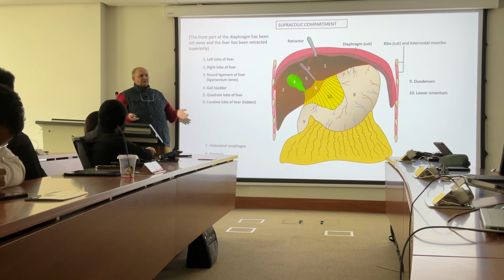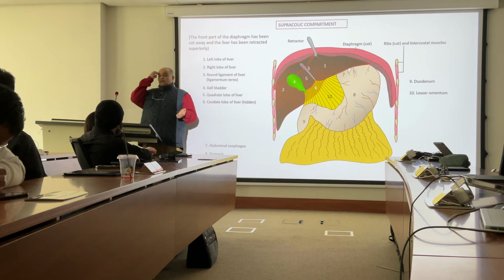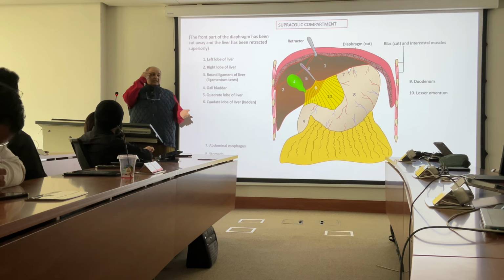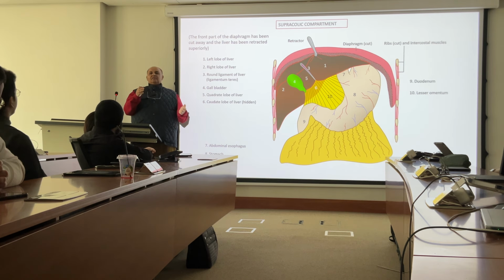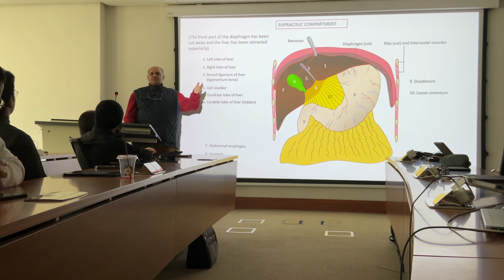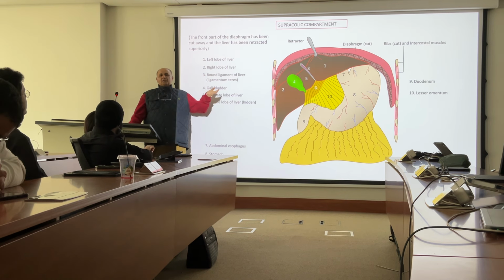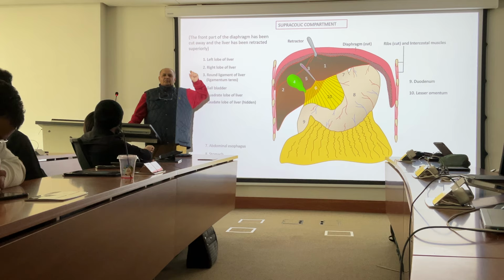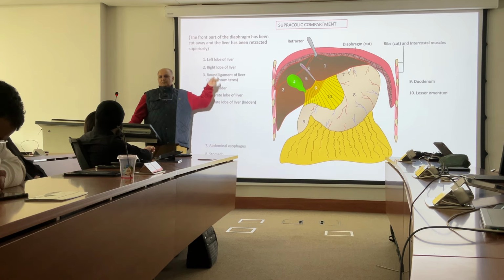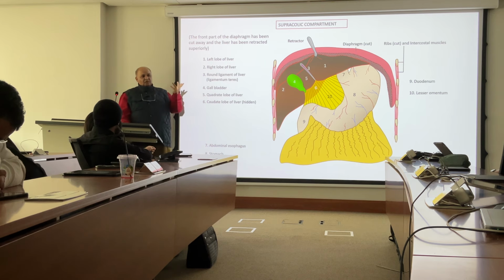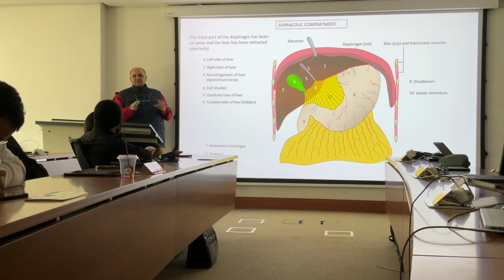Which of the following structures are running in the free border of the foramen? I'll give you 5, one is right, 4 are wrong. Which one of the following is contributing to the posterior boundary of the foramen of Winslow, superior boundary, inferior boundary? So 4, 5 MCQs are ready to go. Are we clear?